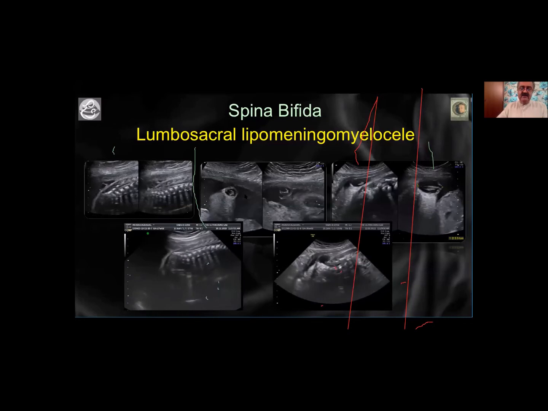I then need to see where the spinal cord is terminating. So I trace the spine all the way, and then I see stuff inside the sac, and I say, okay, it's a tethered cord inside the sac. I look for the level of termination of the cord. It just doesn't terminate. It just goes on and on. There's very poorly defined spine there. I move eccentrically and I do this. And of course, I will measure the actual sac also.